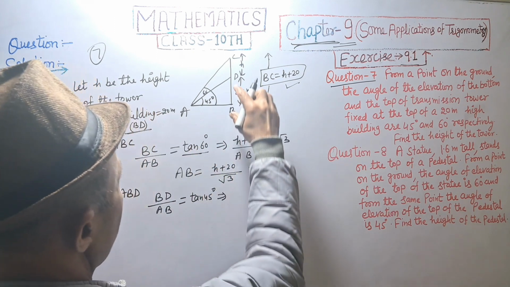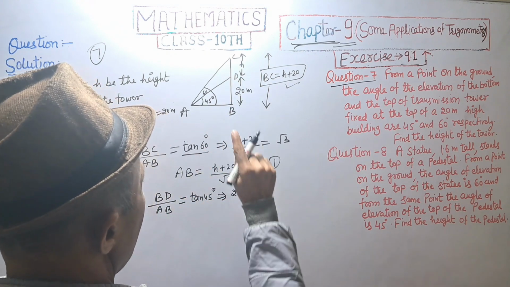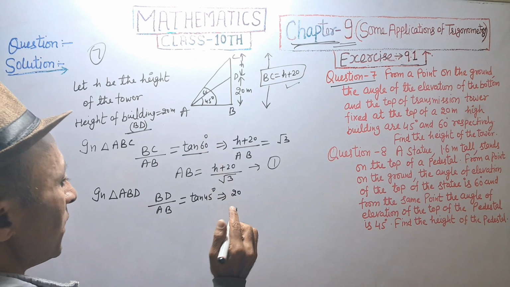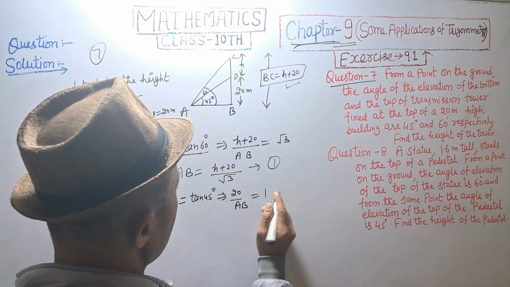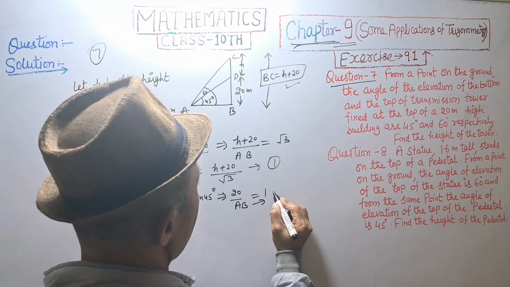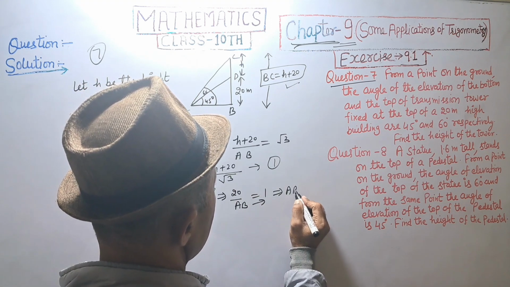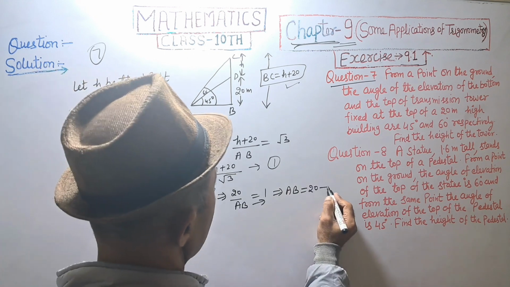BD is 20 meters, the height of the building. 20 upon AB is equal to tangent 45, which is 1. So AB is equal to 20. It's equation second.